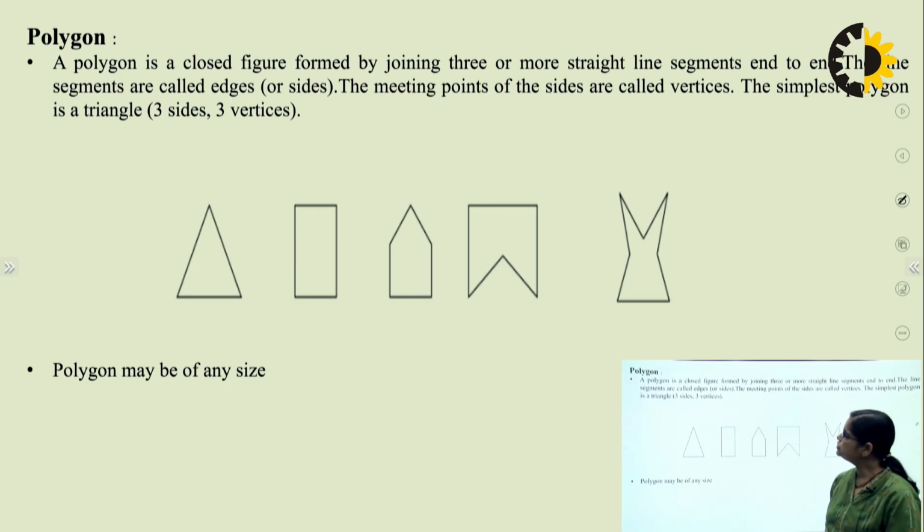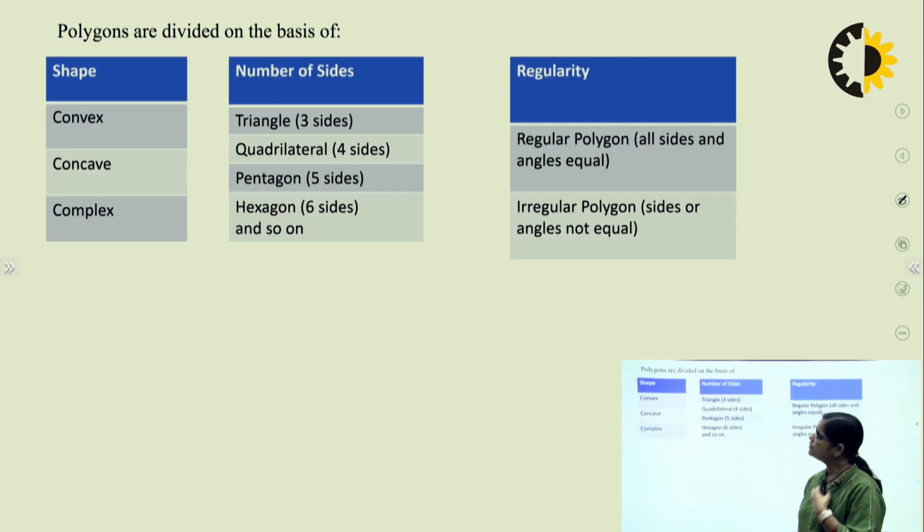Now, polygons can be divided on the basis of these three categories. These three categories are very important to understand when we are studying computer graphics and animation, because when we are working on pixels, or talking about aspect ratio and resolution, these things should be very clear.